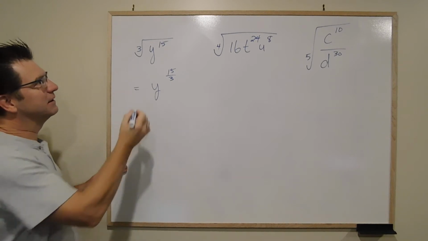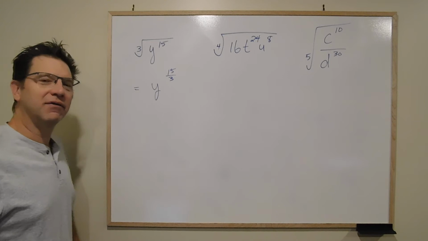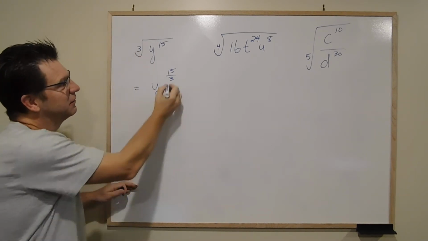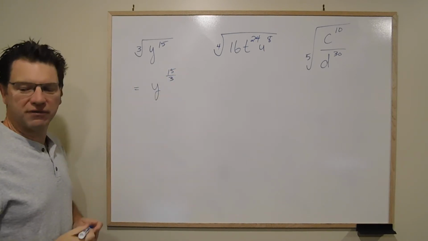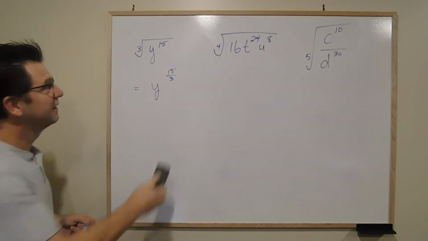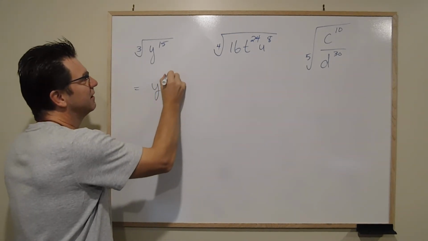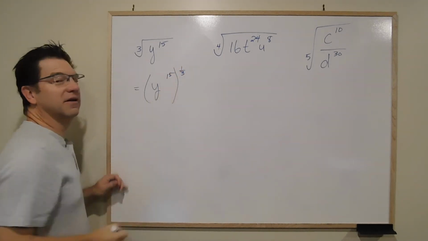Why is that? Well, because the exponent goes in the numerator of the fractional exponent, and the index goes in the denominator. So you actually get y to the 15 over 3. And why you get that is because technically this is y to the 15 to the 1/3, right?